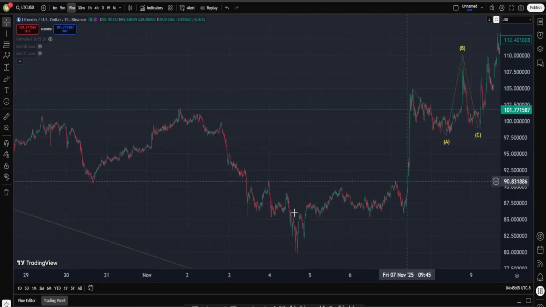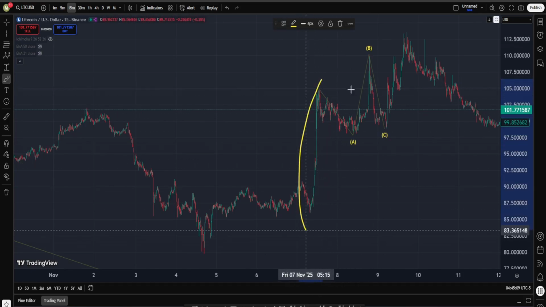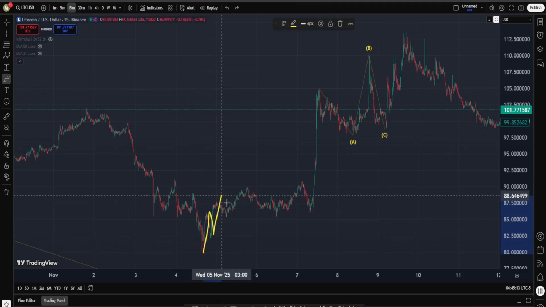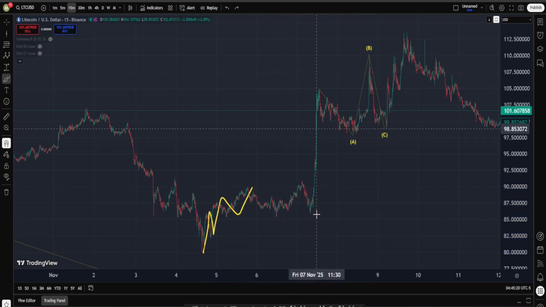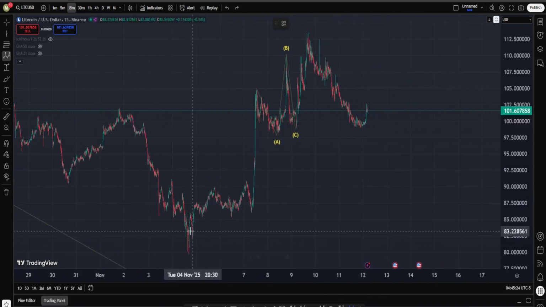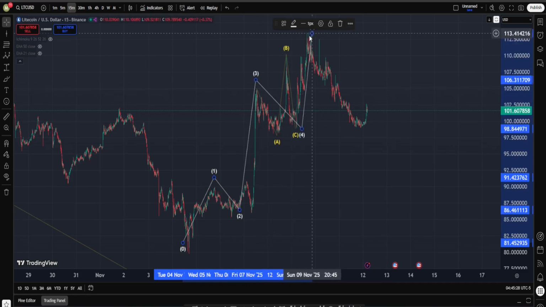Now, I also believe that we are having, excuse me, in this phase another 5-wave on the upside, and this can be 1, 2, 3, 4, 5 to about here, followed by probably some sort of a WXY structure. Bottom line is this: I think in Litecoin we are having, on a higher degree, a 1, 2, 3, 4, 5, which can be a good sign indicating the bottom is set.